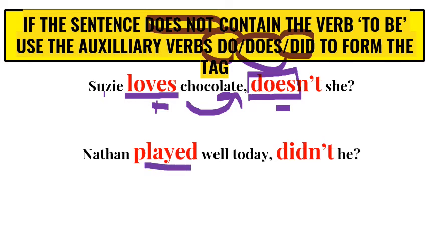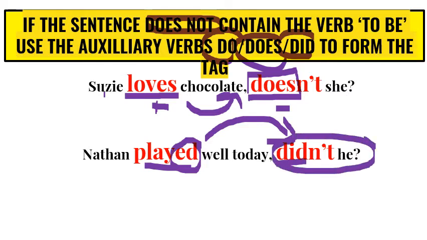Nathan played well today. Now just check here. My verb is in the past tense. Now I am going to use the past tense form, did, in order to form my tag. Nathan played well today, didn't he? Remember, positive statement, negative tag.